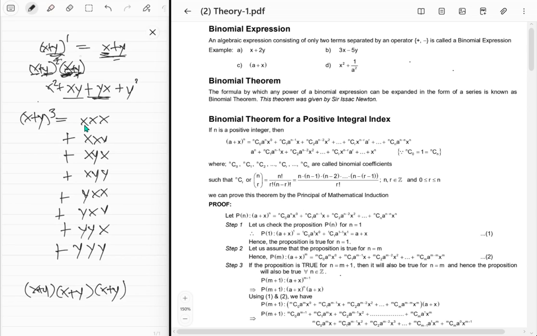So right, that thing. And then you multiply this whole thing by (x plus y) to get (x plus y) cubed. So you are either multiplying by x, right? You're adding an x on the left side of each term, or you're adding a y, right? And that's why it's either x or y from the next bracket.